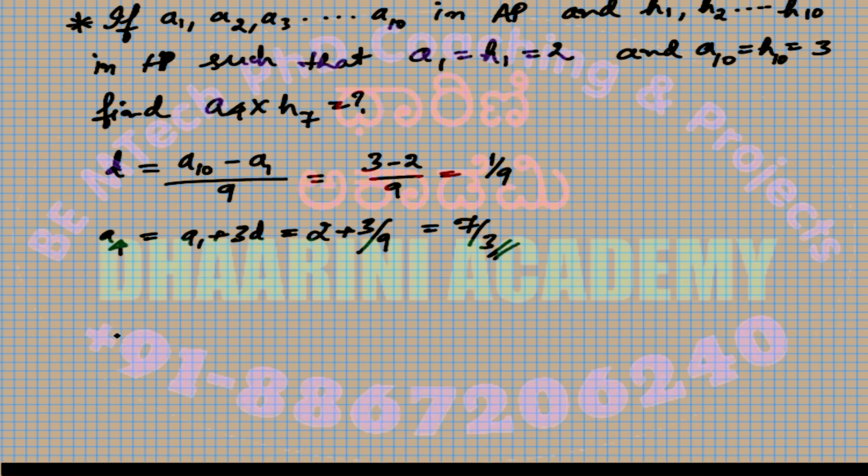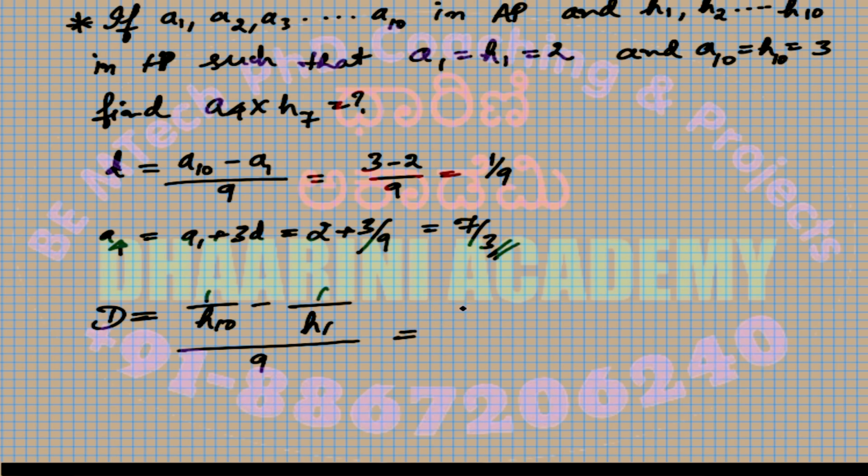So for HP, I'll give a different notation. So how do you find out the difference? Capital D is equal to, now it should be inverse. So 1 divided by H10 minus 1 divided by H1, whole divided by the difference. That is, right, it should be 9. 10 minus 1. Okay.